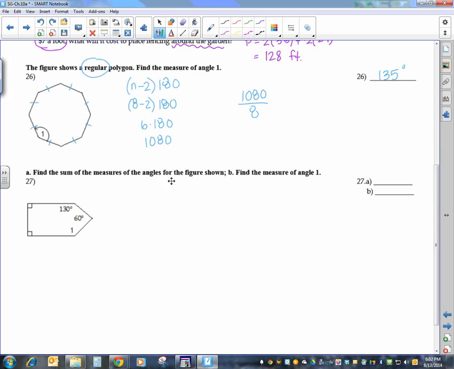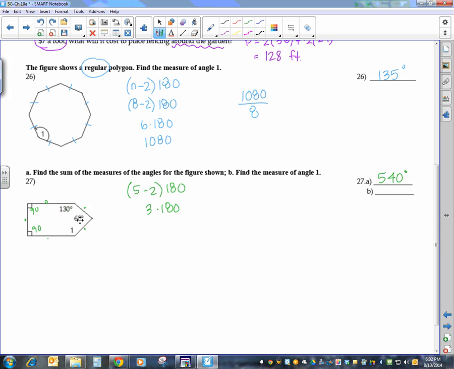Okay, last problem. Find the sum of the measures of the angles for the figure shown, and then find the measure of angle 1. Okay? In a similar thing we just did, we have one, two, three, four, 5 sides. So that means, using our formula up there, that we're going to be 5 minus 2 times 180, or 3 times 180. So the total measure is 540 degrees. Find the measure of angle 1. Okay, remember this one's 90 and this one's 90.